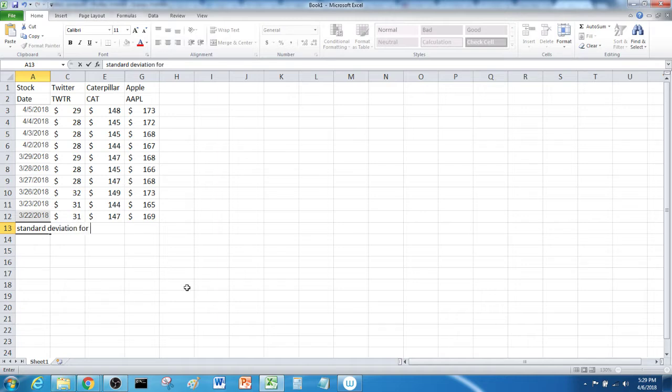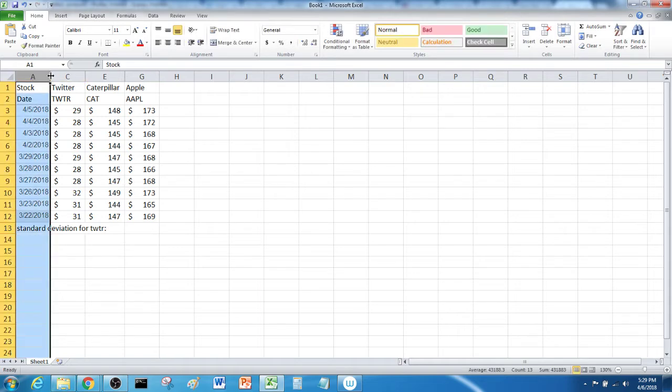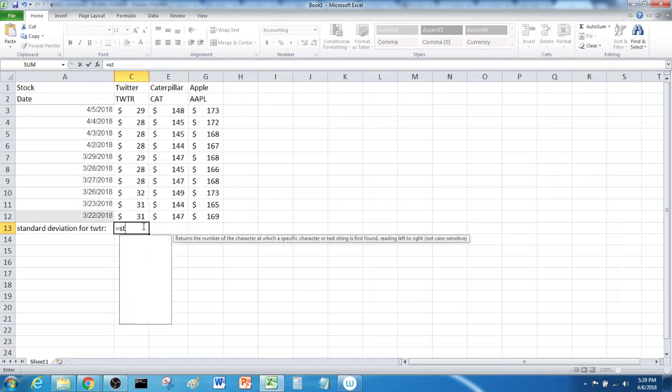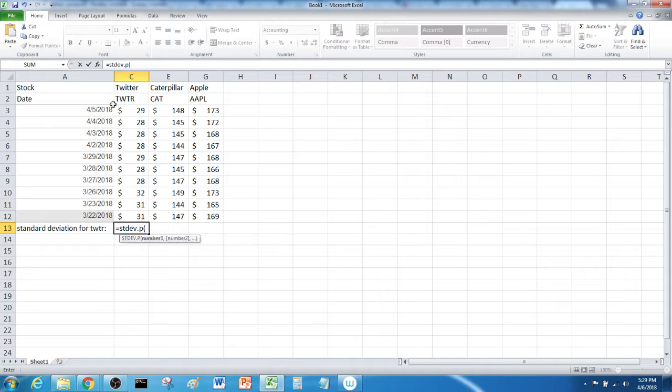Okay, so in order to compute the standard deviation for Twitter, I just type in =STDEV, and I'm going to compute for the whole population, P, for the prices of Twitter. Gives me 1.47. Well, that's exactly what we got.